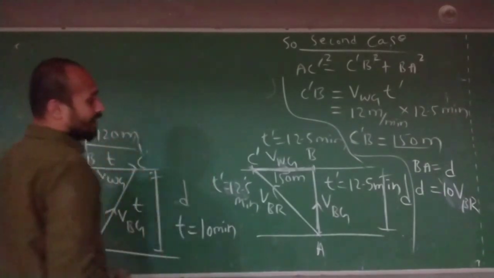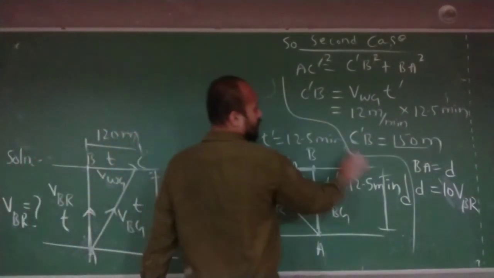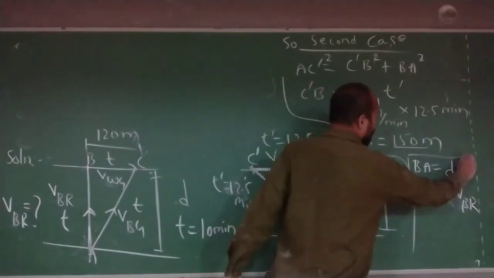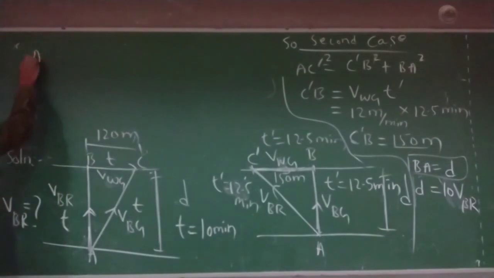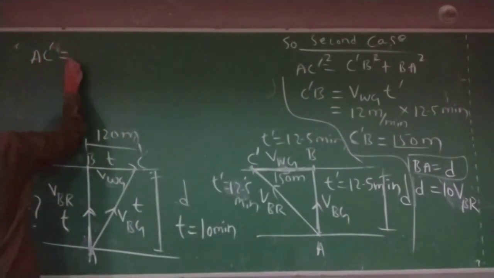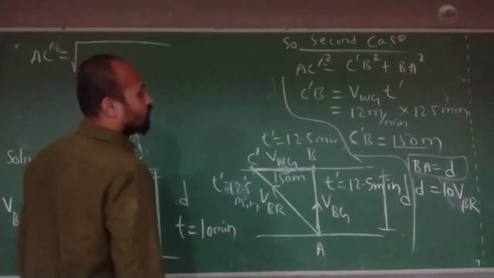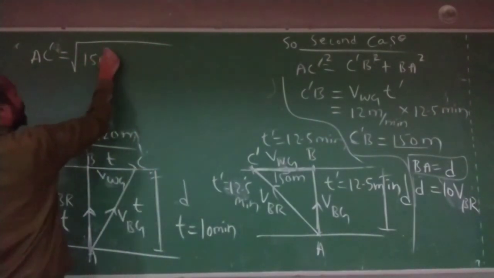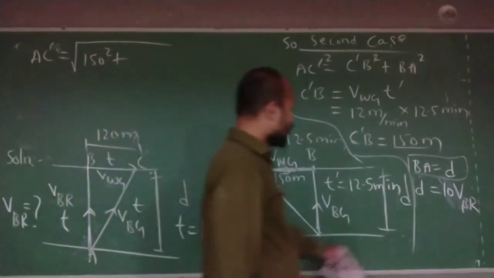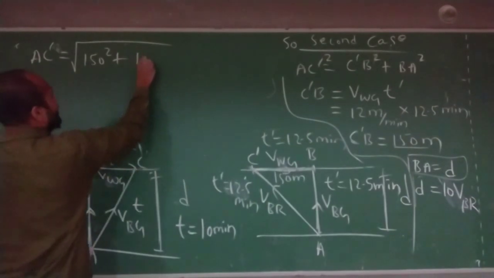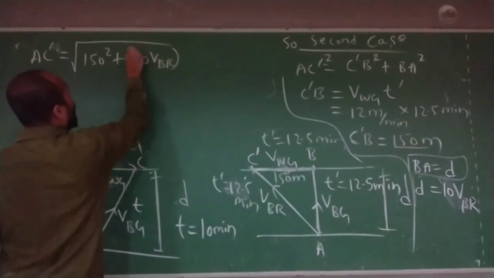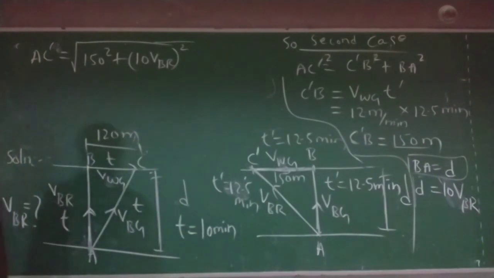Once I know these two things, BA is D, D is 10 VBR. I will calculate AC dash whole square will be equal to 150 square plus D square. D means 10 into VBR whole square.